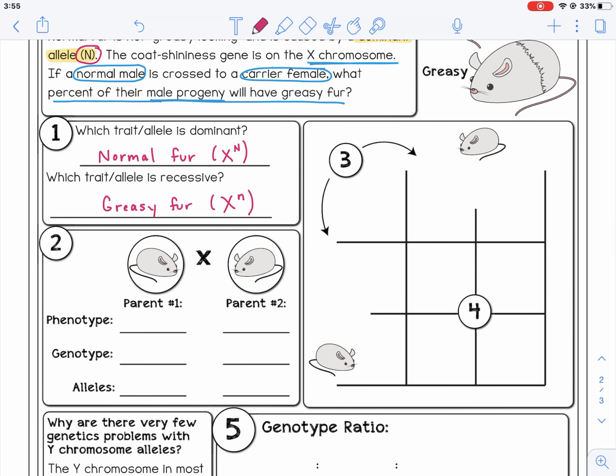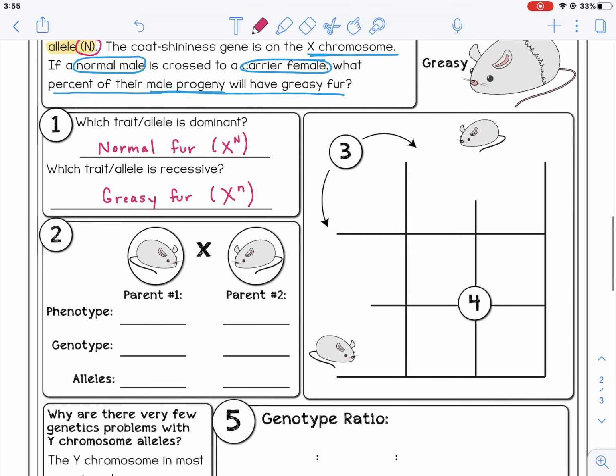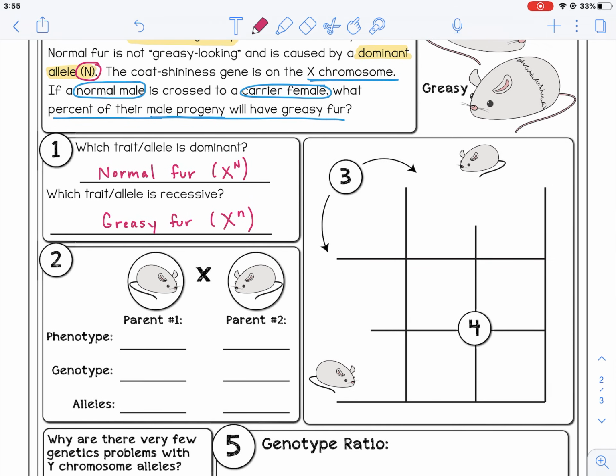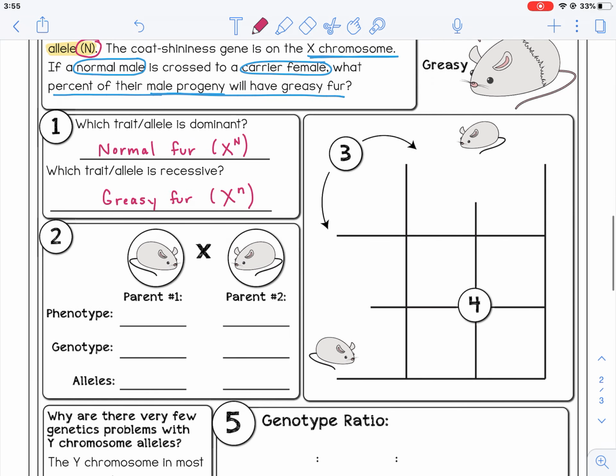Okay, step 2. Let's identify the parents involved here. So we have a normal male. Normal fur, male. We're going to put our symbol for male. That is the biological father.